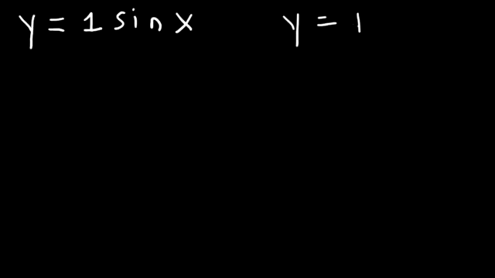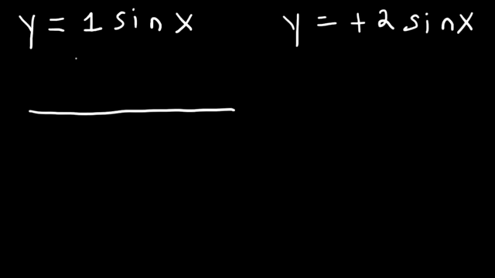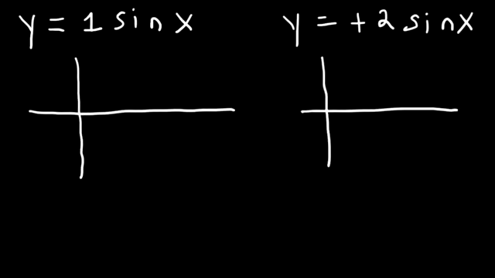What's the difference between the graphs y equals 1 sine x and also y equals, let's say, positive 2 sine x? What's the difference between these two? Go ahead and graph these two functions. Now, the first one is going to have an amplitude of 1.